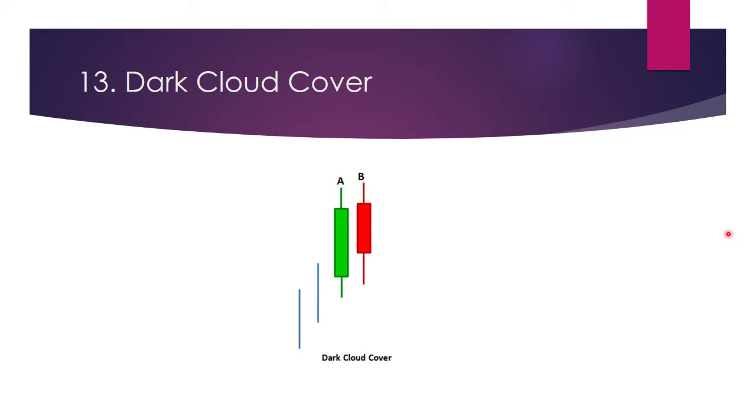So the close price of candle B must be equal or below the midpoint of candle A's body. Candle B pierces at the midpoint of candle A, but not below the open price of candle A. So this is the opening, that's the close. So as you see, it's in the middle right here. So it's piercing it.